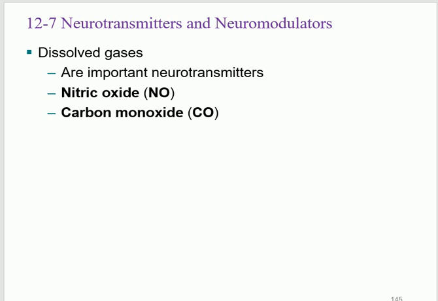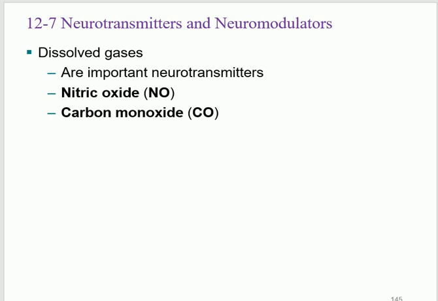Sometimes we use gases as neurotransmitters: nitric oxide, carbon monoxide. These can be used as neurotransmitters. Okay, nitric oxide is used for muscular vasodilation. If this nitric oxide works, it will cause vasodilation.